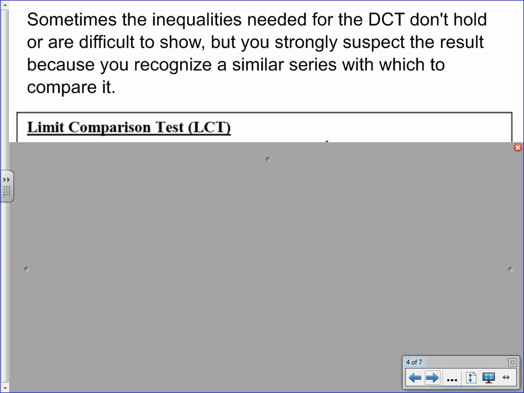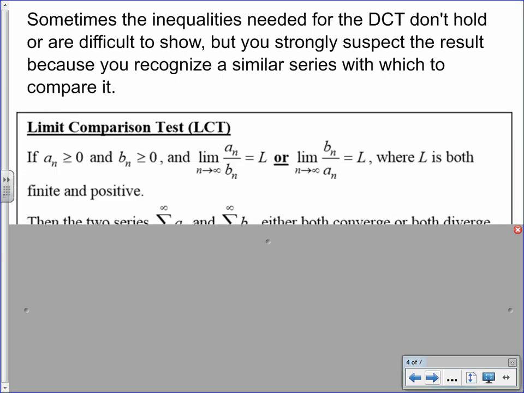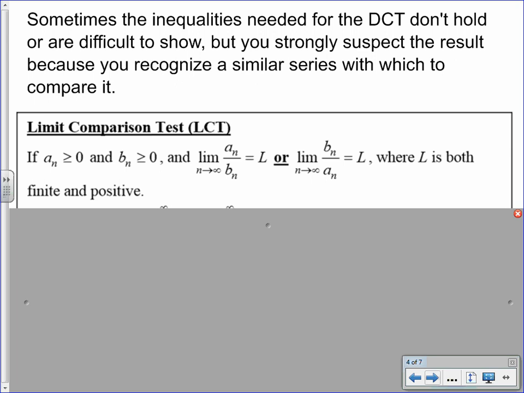Now I will tell you the limit comparison test is really nice when you have rational functions, so like polynomial over polynomial, or some sort of variation of that. You'll see why as we do these examples. So if we have two sequences where we take the limit of their ratio as n goes to infinity, and that limit is finite and positive.